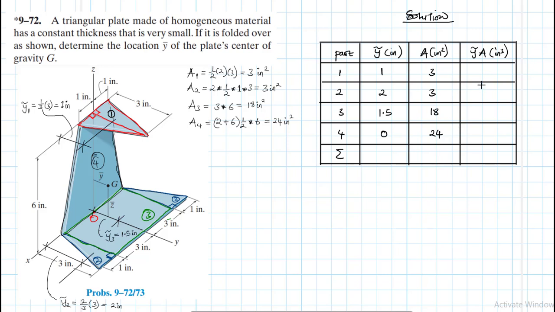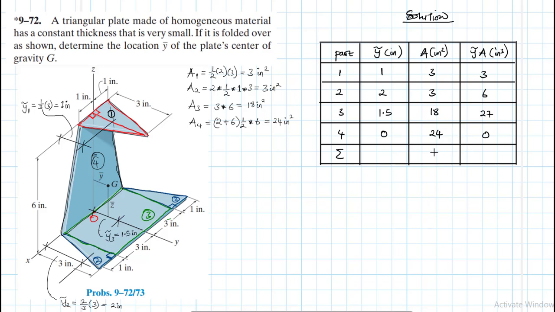Great, so let's find the products now, y by area. 1 by 3 is 3. 2 by 3 is 6. 1.5 by 18 is 27. And 0 by 24 is 0.